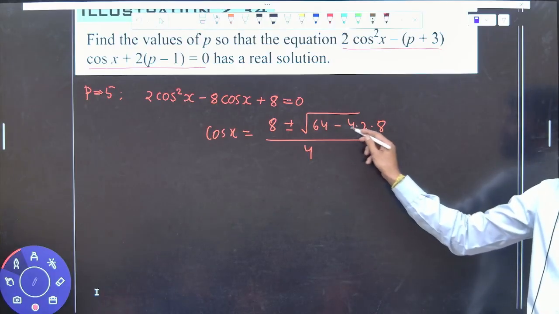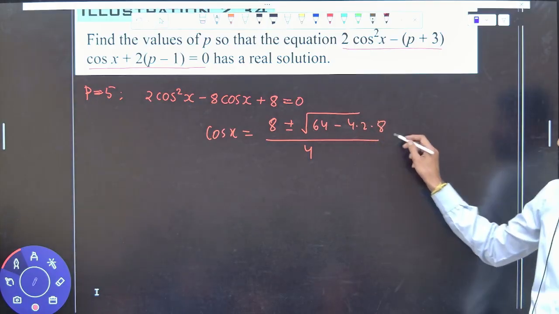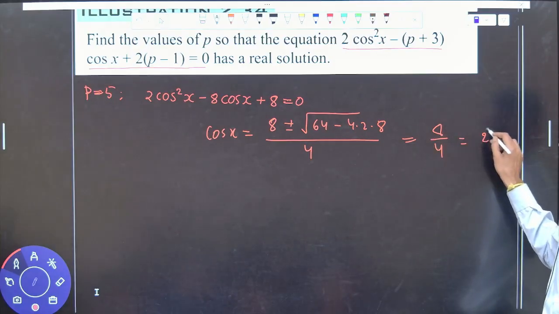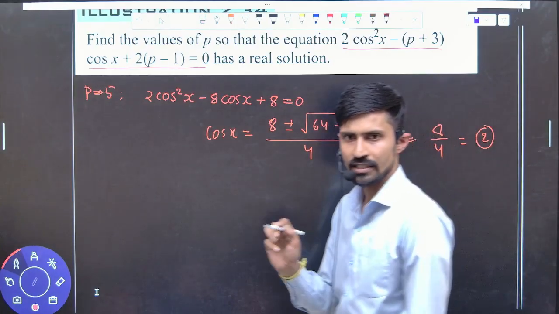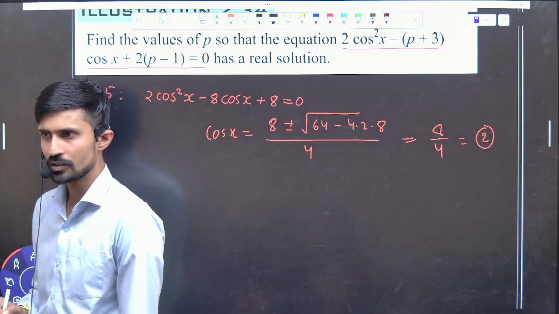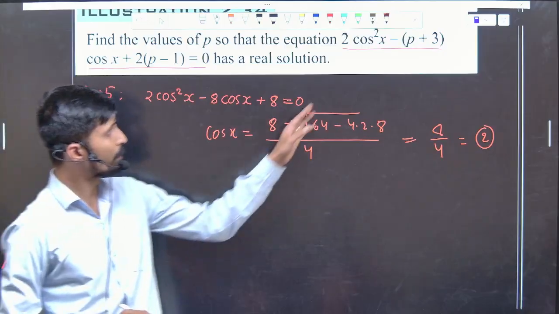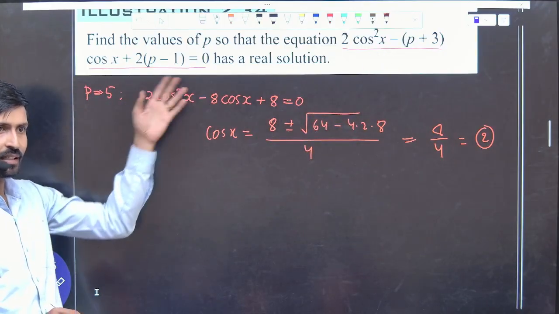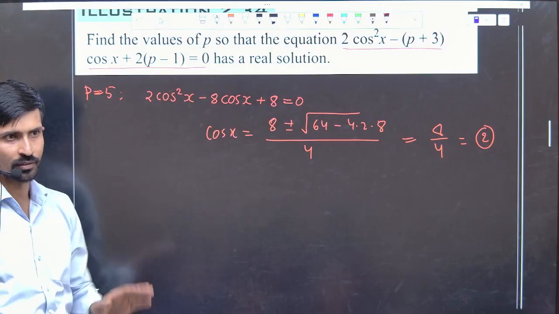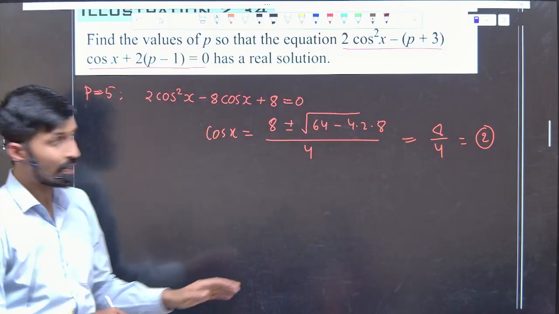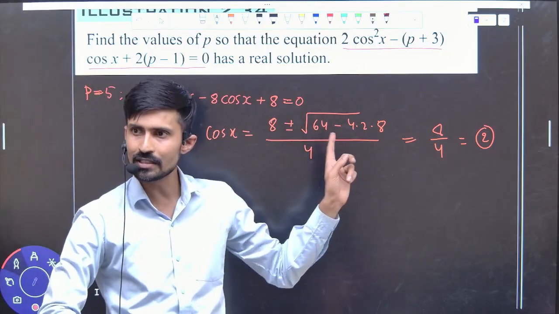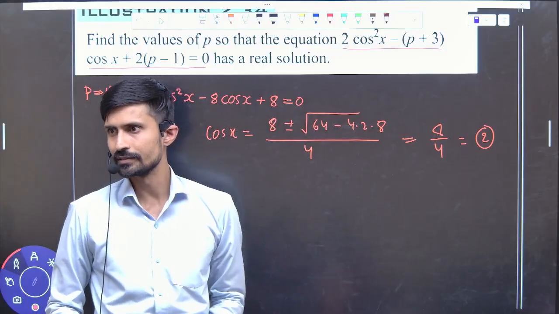So this is 64 minus 64, 0. So this will become 8 by 4 and that will become 2. So cos x is equal to 2. Is it possible that cos x is equal to 2? No. So if we put 5 at the place of p in that equation, that equation will have no solution. But the question is, at the place of p, what numbers can we put so that the equation has some solution? That is the question.